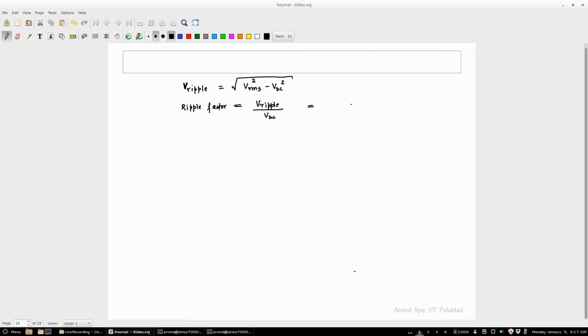What will be the ripple factor for the half wave rectifier? Quickly calculate it. Put those numbers in. We did it in the previous slide. Do it. It's not such a nice number.